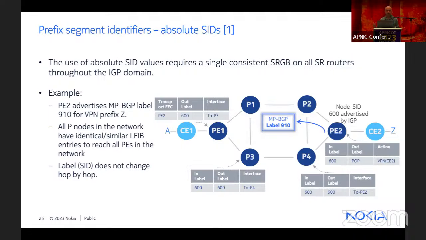So the outer label gets you to the destination. Once you get to the destination, you pop the outer label and look at the inner label, which is what we call the service label. The service label will tell you which VPN it's a part of. If you don't have the service label, you have a problem. It's not going to know what to do with it.